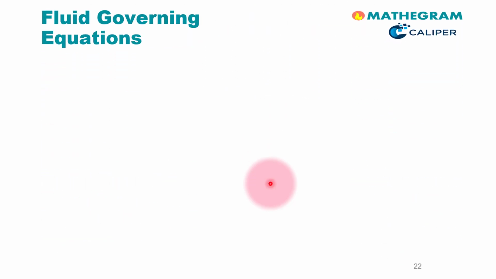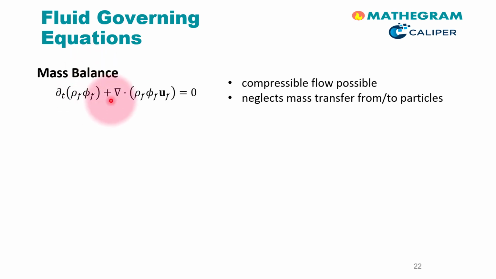Let us start with the fluids governing equation straight away. First, we have to consider the mass balance equation, which for a fluid in a multi-phase mixture reads as follows. The accumulation plus the outflow of mass, often called convection, at each point in space must equal 0. Note that a positive divergence of a vector field means it acts like a source, meaning there is outflow of the considered vector field.